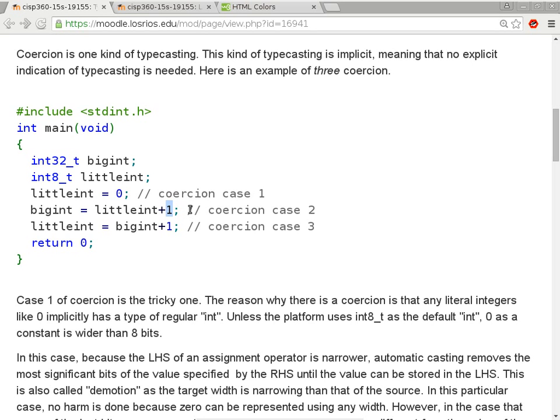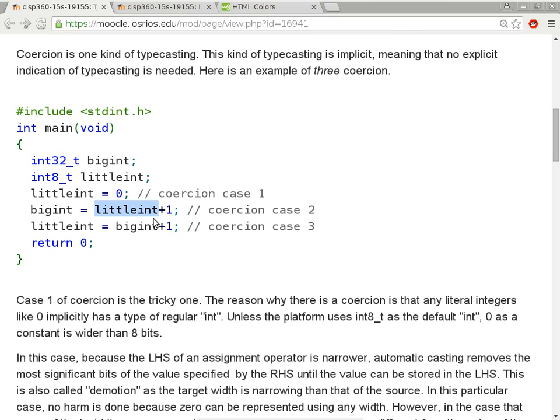So with that assumption, we have a difference here, because on one side of the addition, you're dealing with an 8-bit number. On the other side of the addition, you're dealing with a 32-bit number. So what happens here is the coercion will also happen, which means you don't have to do a single thing, the compiler is going to do it. And in the case of addition, what the compiler is going to do is to promote little int to 32-bit first. And then we have 2 32-bit numbers, so the addition can happen.